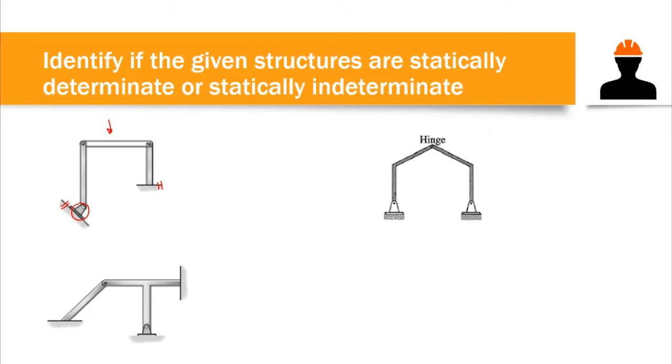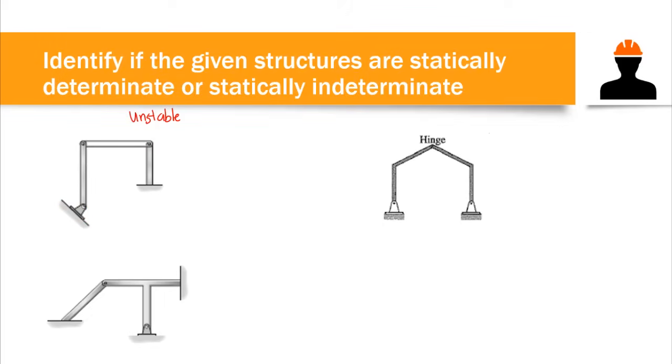That means we have an internally unstable structure, and this large deformation is due to internal hinges. If we omit this fixed support here, there is a possibility that this leg would have a rotation, so there would be a large deformation or angle of rotation.